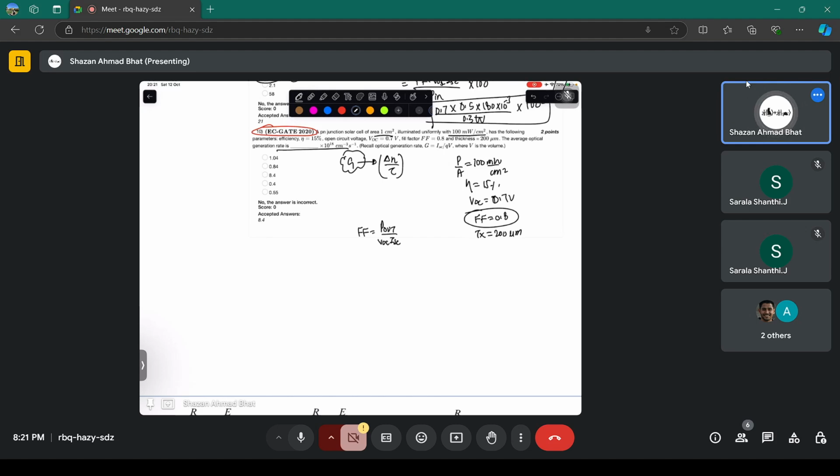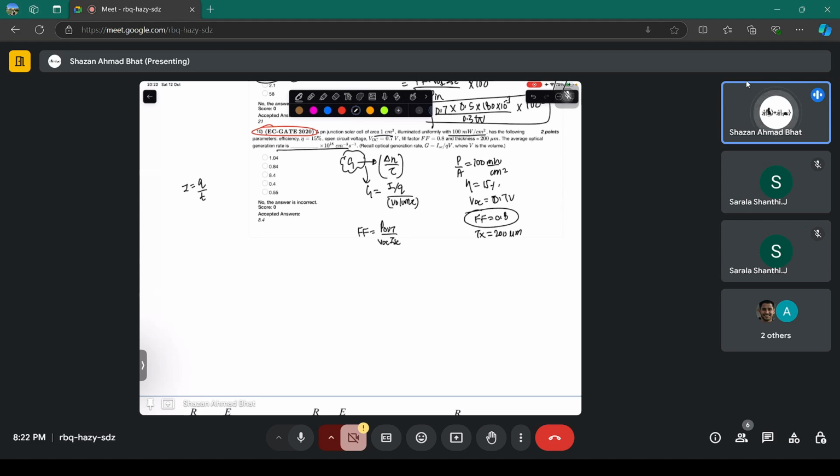You know that the overall current can be written as charge per unit time. Then basically you can convert this generation rate into something like current divided by charge per unit volume.